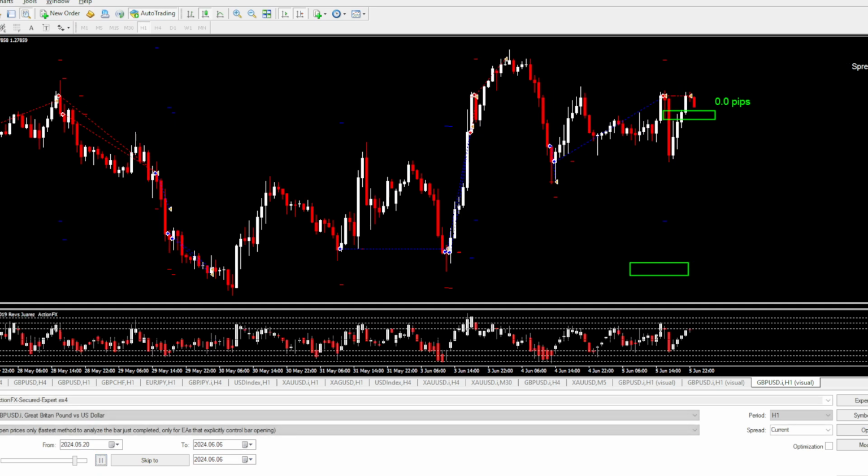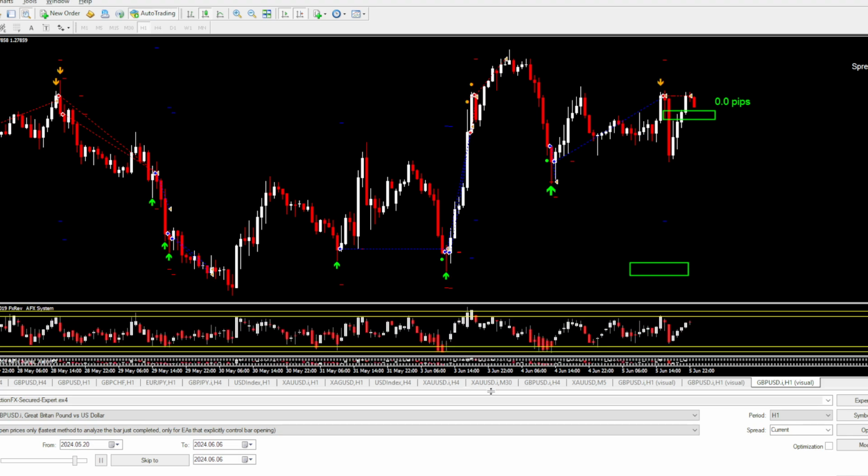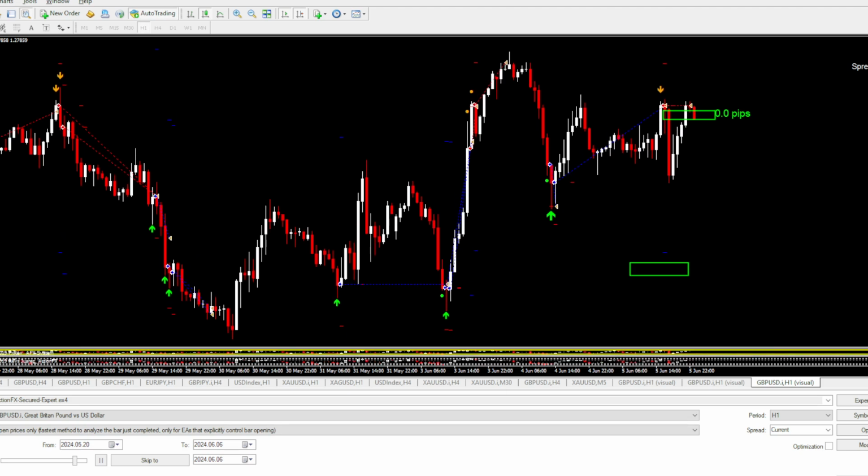Okay, so that's the end of the result of our auto trading. So we can see the arrow up, arrow down, sell signal, and buy signal. So we have a buy position, entry, then exit the trade.